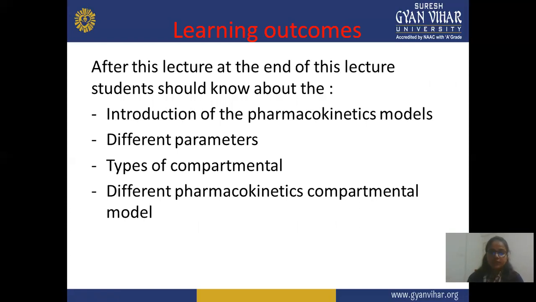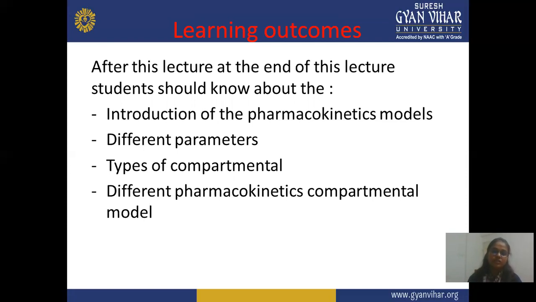After completing this pharmacokinetic model lecture, there are learning outcomes, the parameters that you should know about. We already covered all the pharmacokinetic parameters, including the introduction, pharmacokinetic as well as dynamic parameters.